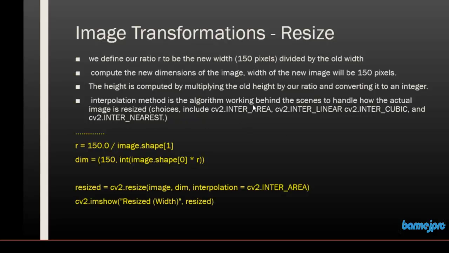These are the algorithms OpenCV uses, and inter area is the best among them in accuracy while performing the resize. So we are using inter area, but the others are also used based on their respective use cases. And now we show the image exactly like in the previous exercise.